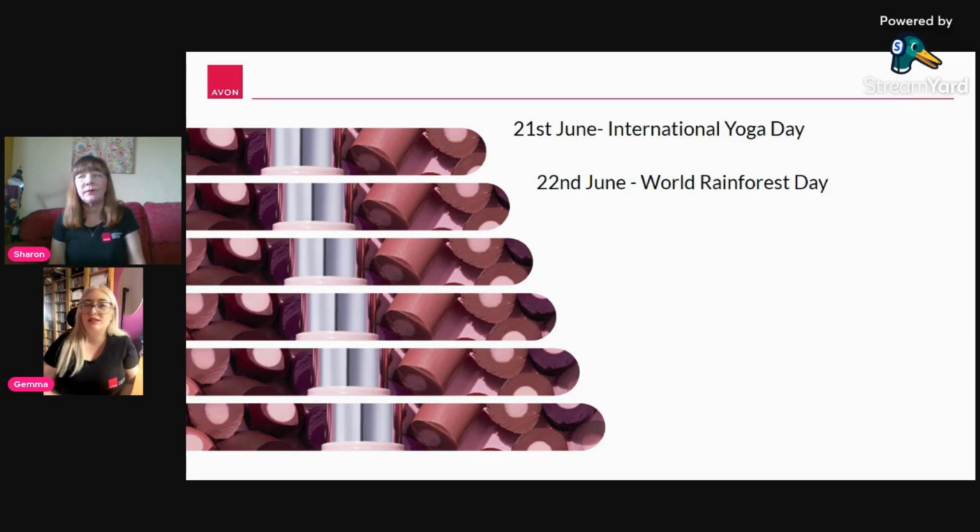Which rainforest is going to be your perfect destination? And you can also tie in the Rainburst collection and the Musk Instinct, because I believe it's rainforest packaging on the box. So you could potentially do a little offer on that one.